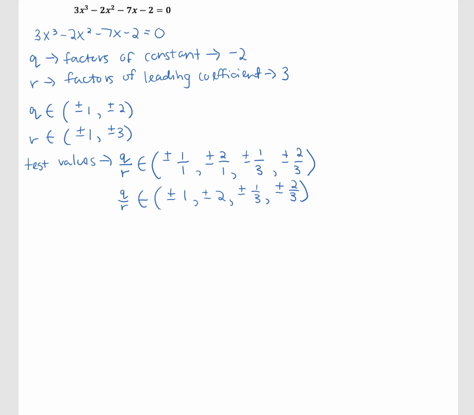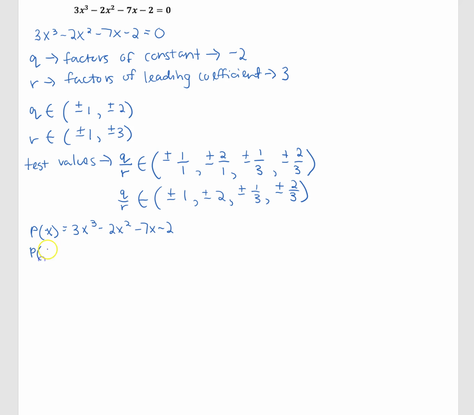So if our function is p of x equals 3x cubed minus 2x squared minus 7x minus 2, we want to start plugging these numbers in and see when this equals 0.